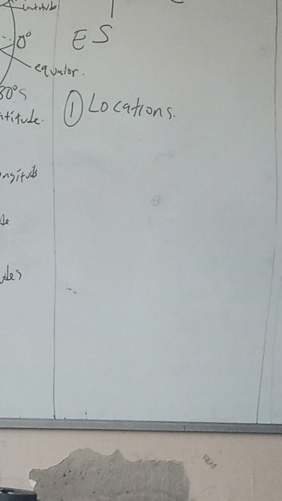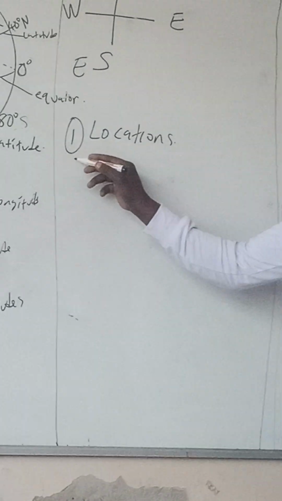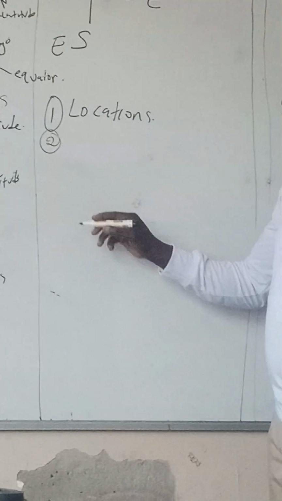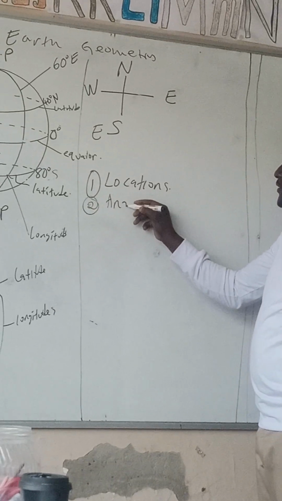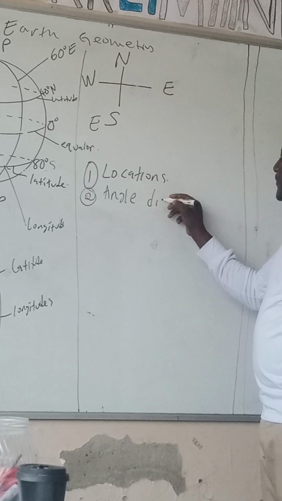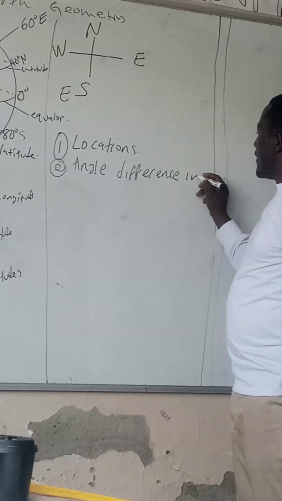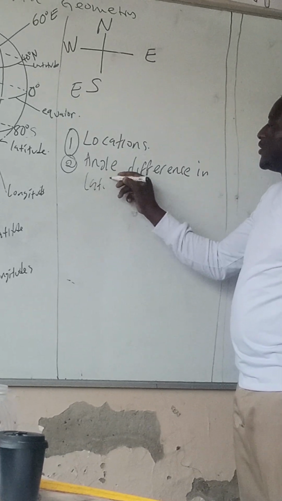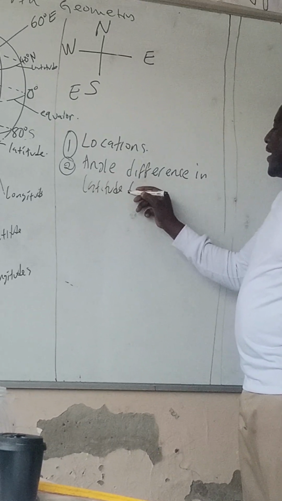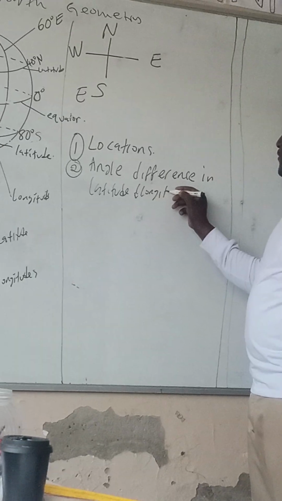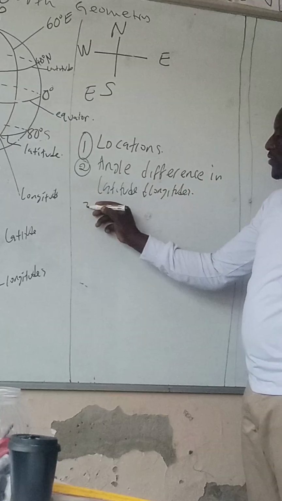I will explain that. Number two, you need to know how to find what we call angle difference in the latitude and longitude. The angle differences in latitude and longitude are very important.